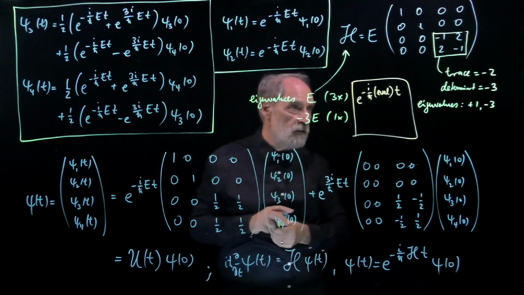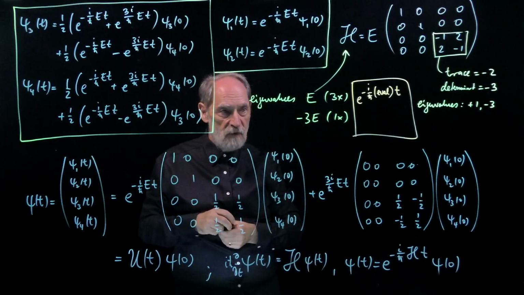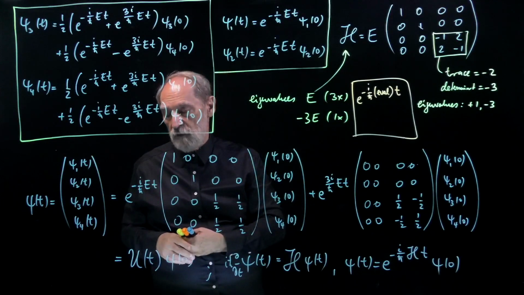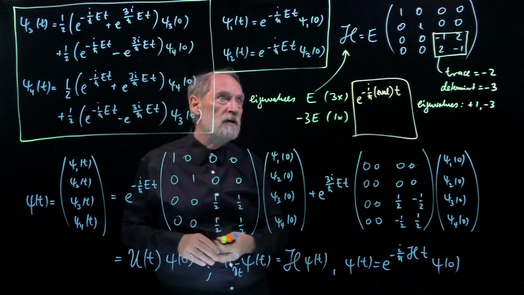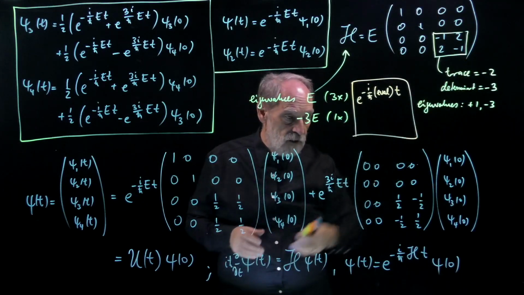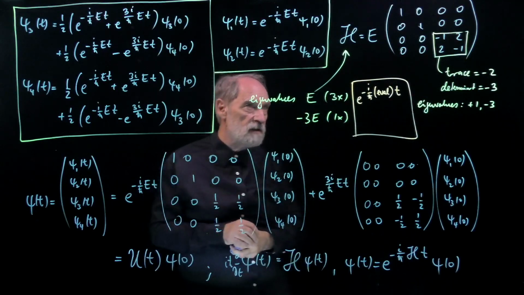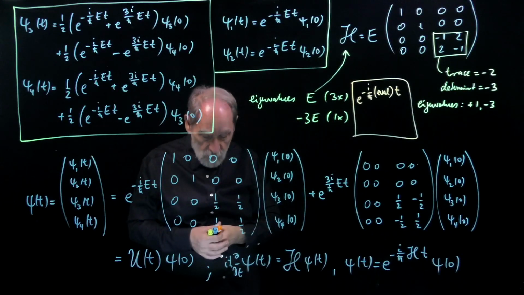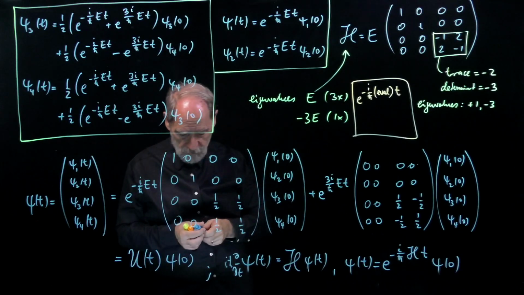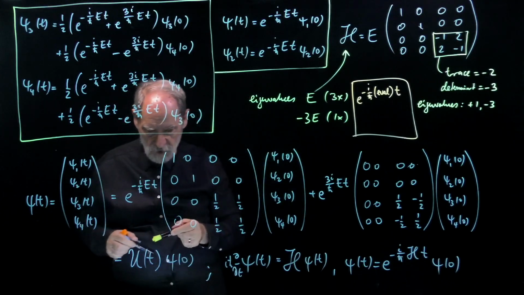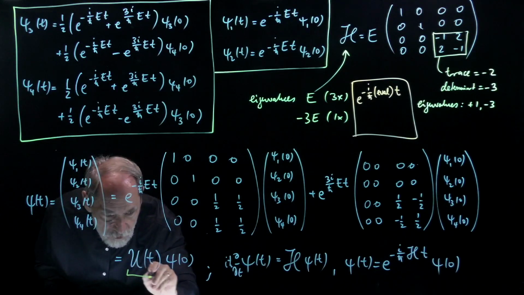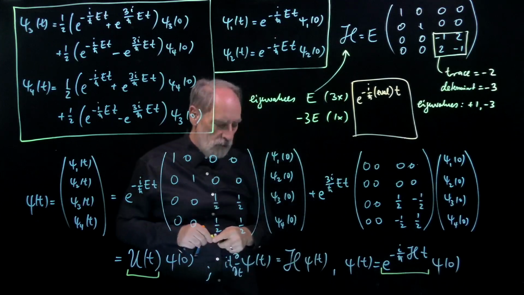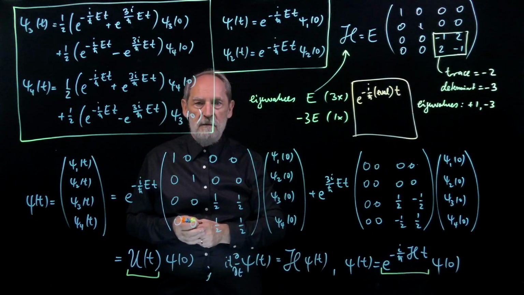The sum has the eigenvalue e, and the difference has the eigenvalue negative 3e. So we could, from the beginning, use a basis in which the Hamilton matrix is diagonal, and then the exponentiation is just an exponentiation for every single diagonal matrix element. But one way or another, we end up with this unitary matrix appearing here equal to this exponential factor of the matrix for the Hamilton operator.